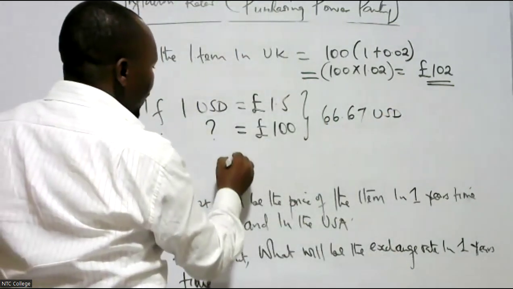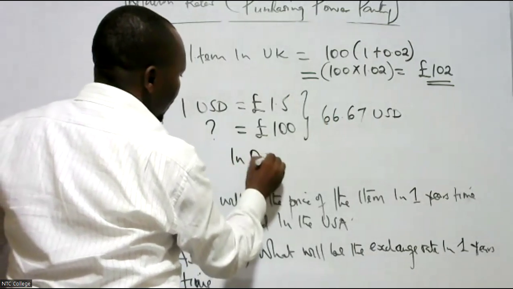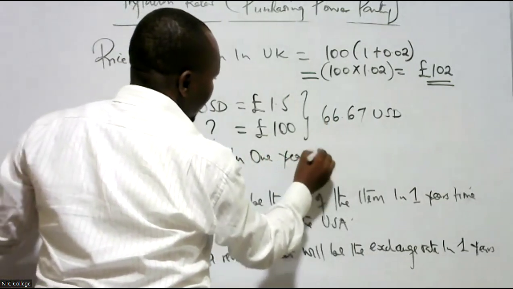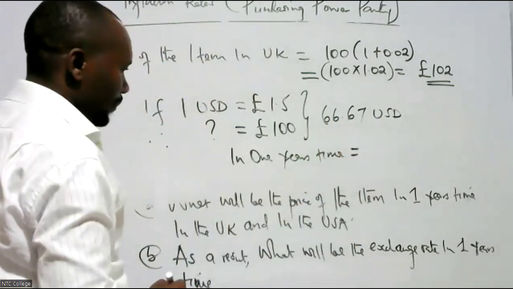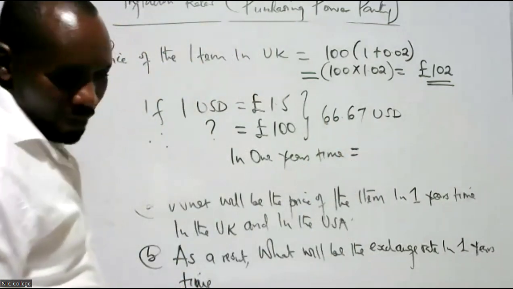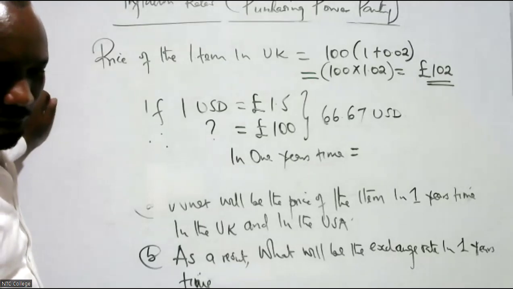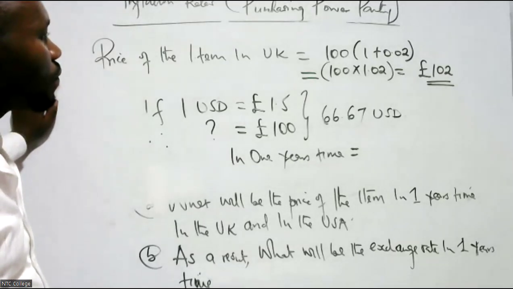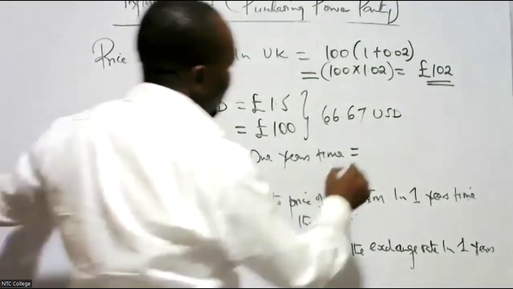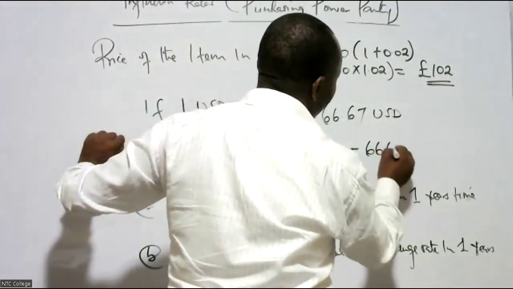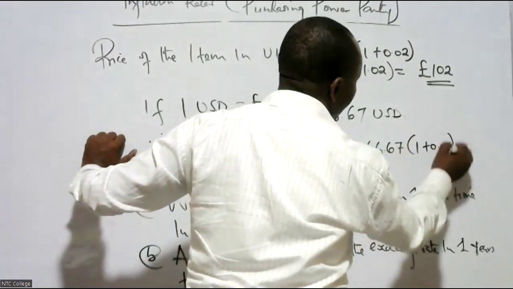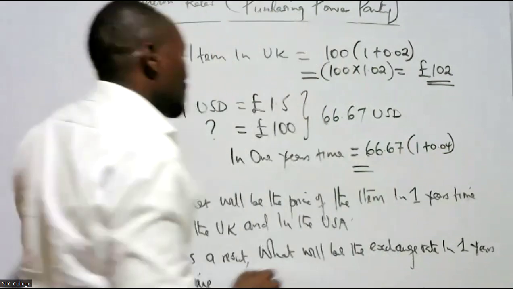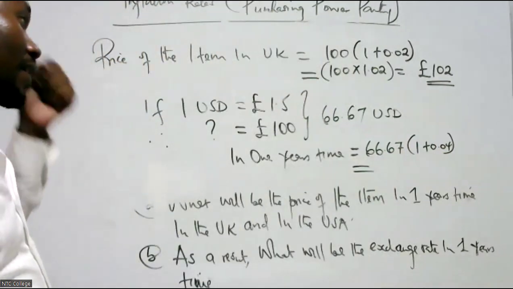So in 1 year's time, it is going to be 66.67 into 1 plus 0.04. That will be the price in 1 year's time.